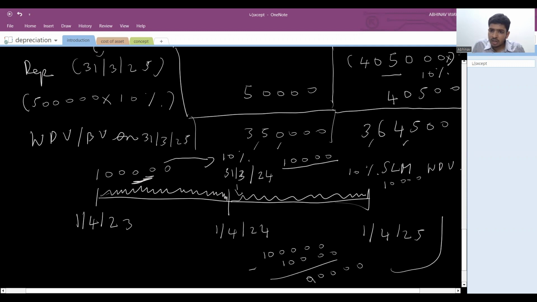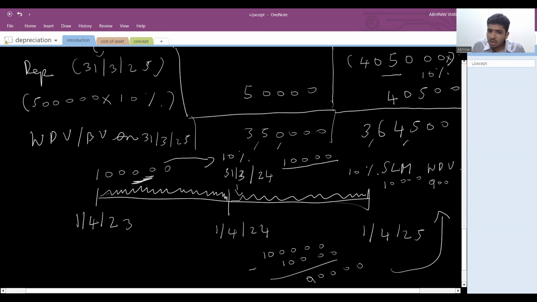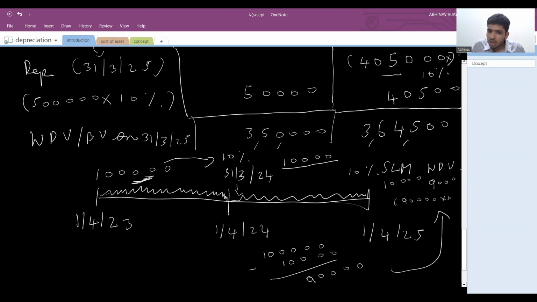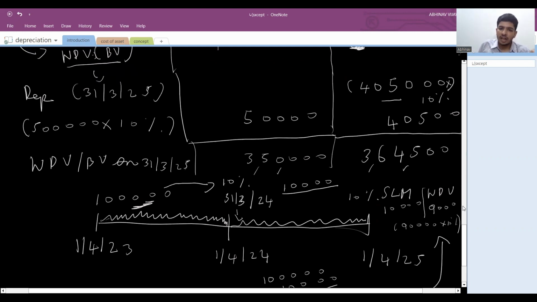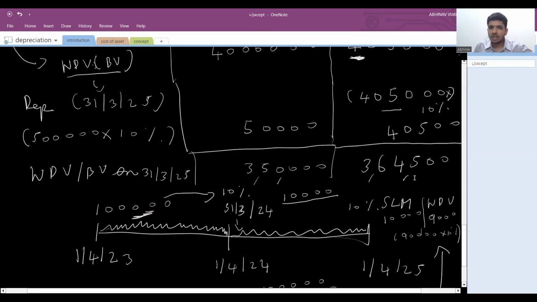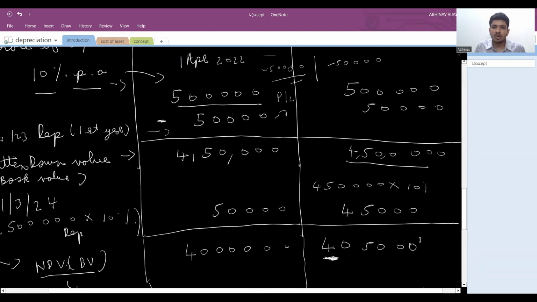So under the WDV method, the depreciation charged at the year end, 31st March 2025, is 9,000, that is 10 percent of 90,000. This is the concept. Because it's charged on the written down value, the name of the method itself is the written down value method. So clear? Copy it down. I hope you copy it as and when I'm telling you.